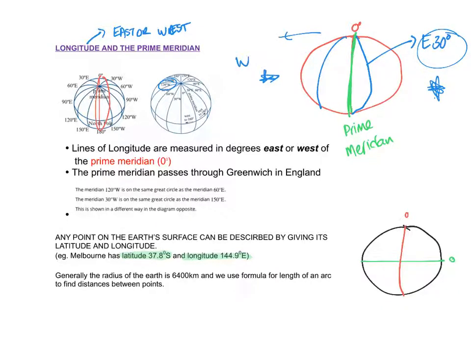When we say Melbourne is 37 degrees south, we're down here on that line, roughly south 37 degrees. And the longitude has gone to the east, so it's on that longitude, east 144 or whatever degrees. So see how that's where Melbourne would be.